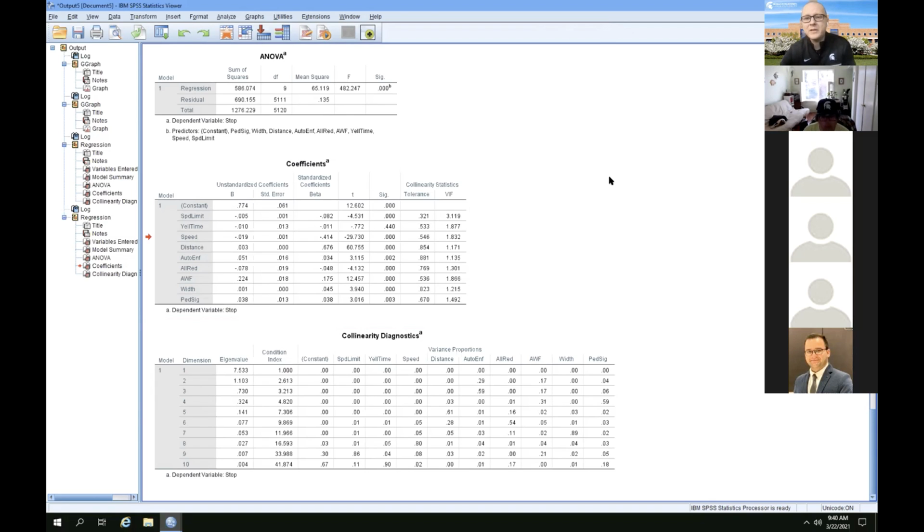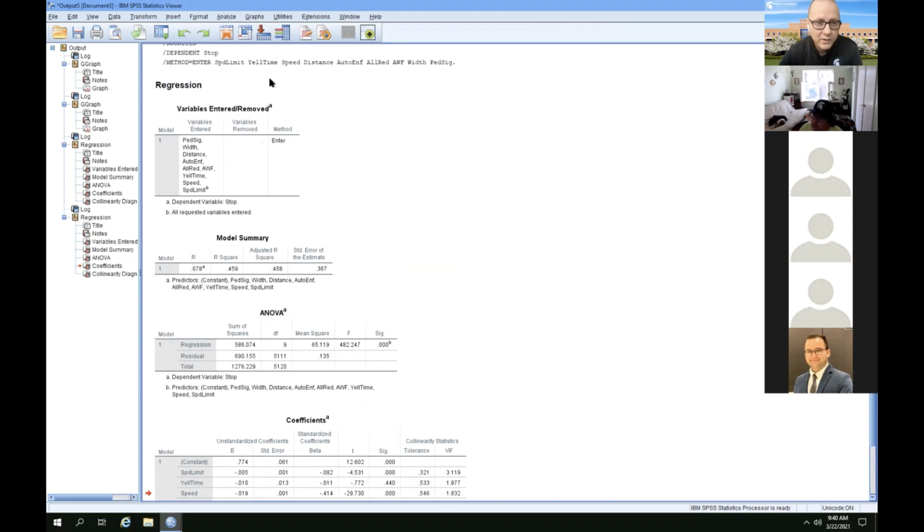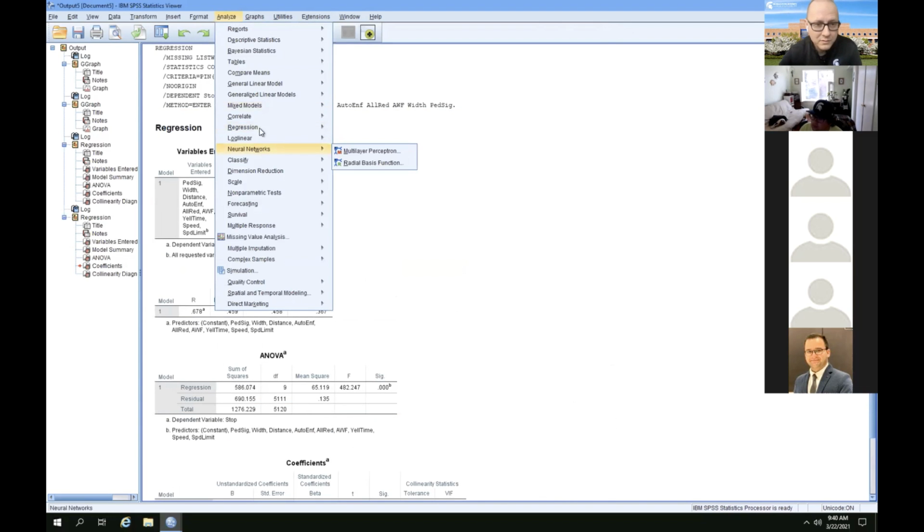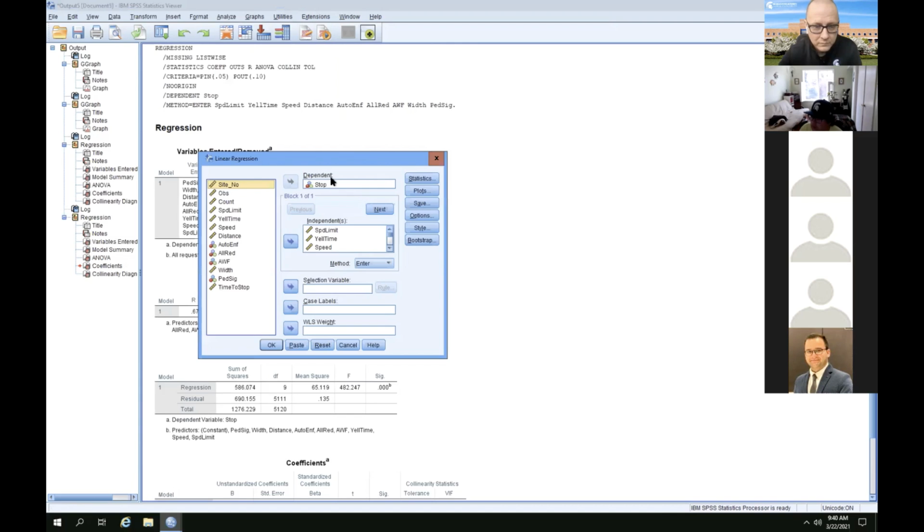Okay, what's the advantage of combining speed and distance into one variable, as was alluded to previously? So if you think about it in concept, and it's kind of interesting, if we look at this, I'll just run these analyses.